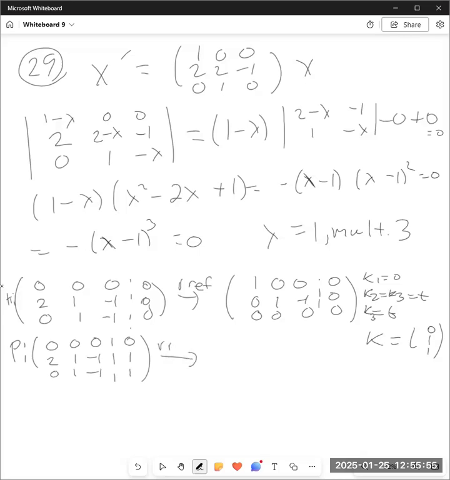So then I'm going to RREF, and that gives me 1, 0, 0, 0, and then 0, 1, -1, 0, and 0, 0, 0, 0.